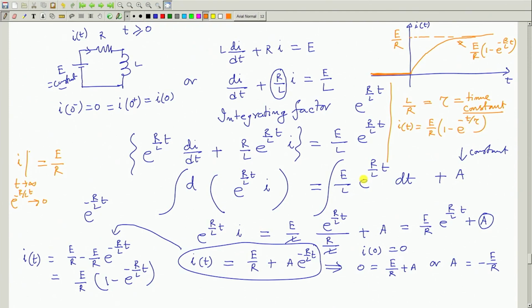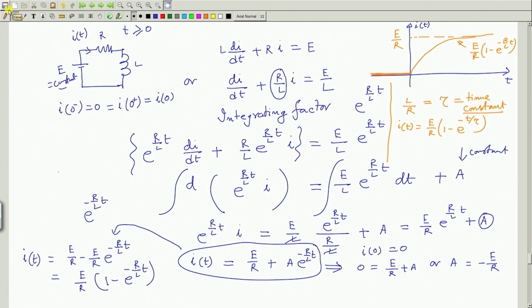Now, suppose you calculate the current at t equal to tau, what is the significance of this time constant? L by R will return you some number, and its dimension will be time, inductance by R, it will be time.